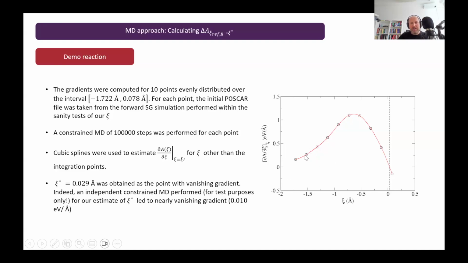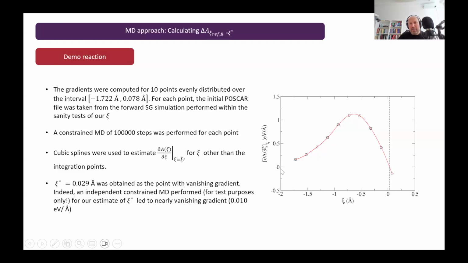Now, to represent the points on the interval between integration points, I used cubic splines. This is the red curve that you see here. And with that, I was able to identify the transition state. That is simply the point close to 0. I had this information from the static approach, that I can expect the transition state somewhere close to 0.